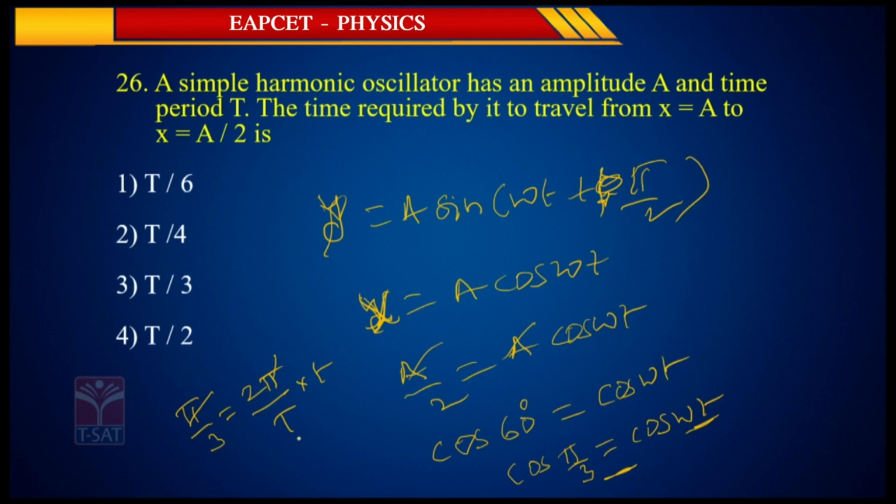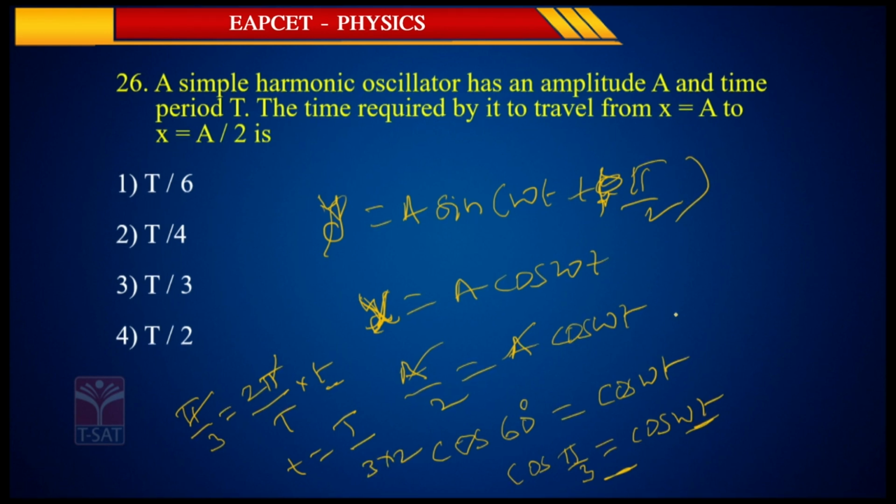Okay, here what we want as the answer: we want to find out the small t value. Small t is equal to, this capital T goes to the left side, and the 2 comes down, 3 into 2.